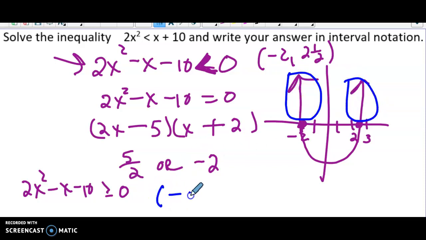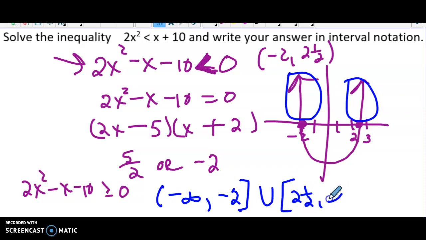So my answer would have been negative infinity up to negative 2, in union with 2.5 to infinity. That's where my parabola is greater than or equal to 0. From the time x is negative infinity until I hit negative 2, my y coordinates associated with them are above the x-axis. And then again, once I hit 2.5 and beyond, my y coordinates are greater than or equal to 0.